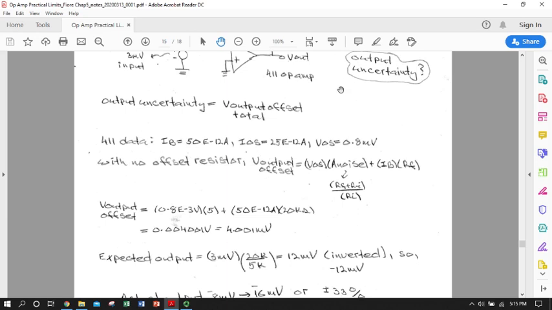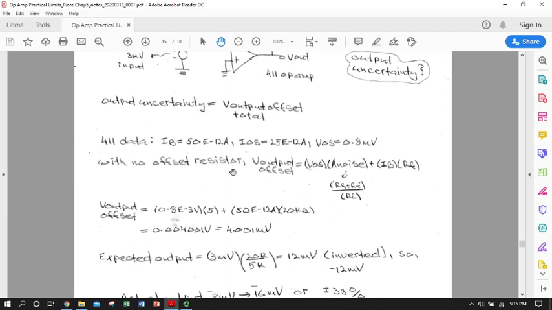I can look up the characteristics of the 411 op amp. Our Fiori textbook lists those, and you can look up a typical data sheet. So I have an IB of 50 picoamps, an IOS of 25 picoamps, and a VOS of 0.8 millivolts. Now this is bigger than the previous one, and these other two look to be a bit smaller.